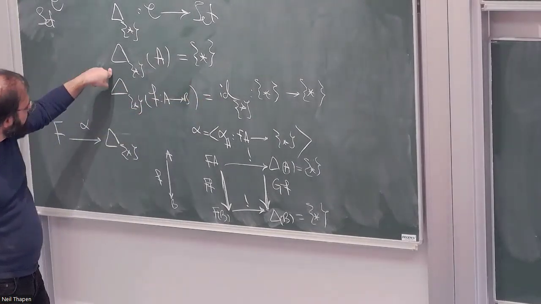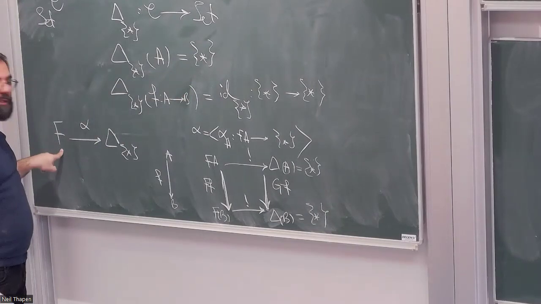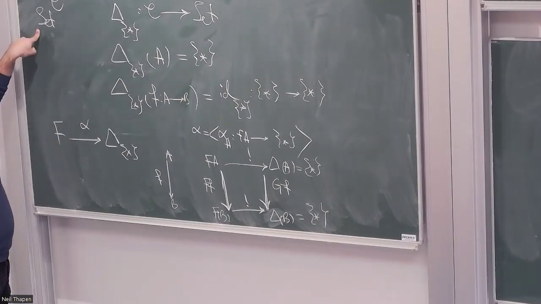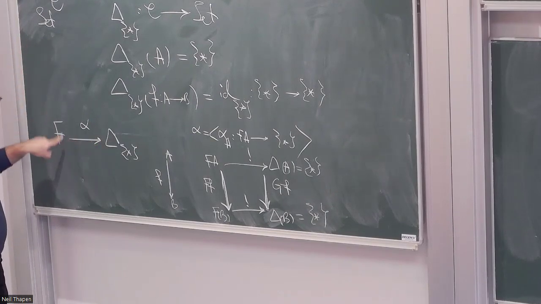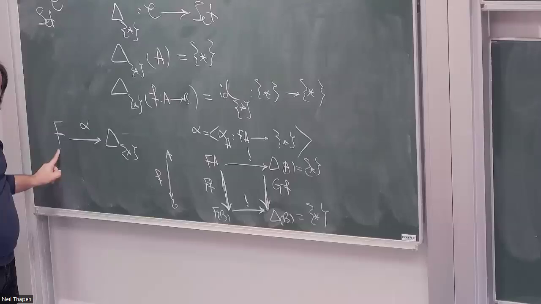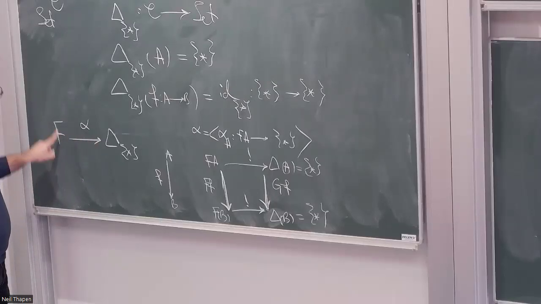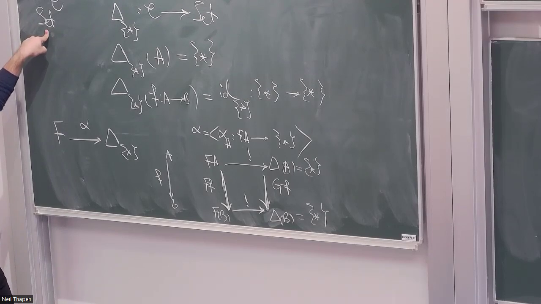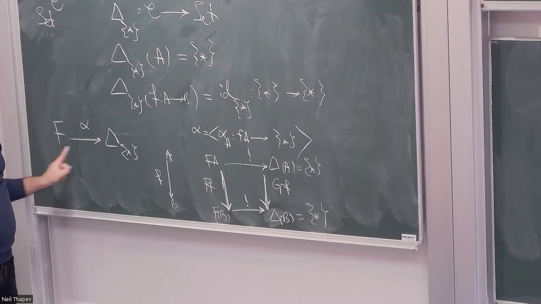To show that it is terminal, you have to pick some F object here, meaning a functor from C to Set, and I have to show that there is exactly one morphism here, meaning a natural transformation. So I have to prove that from any F, there is exactly one natural transformation here.